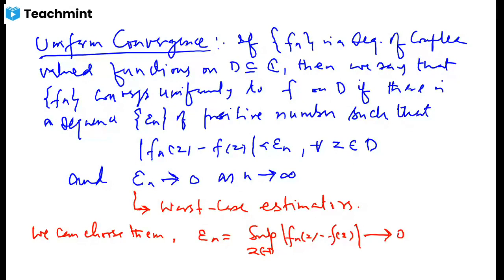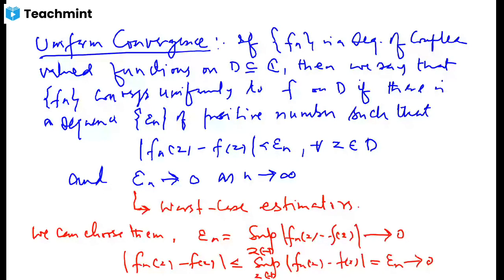It's not difficult, because you always have the estimate that |f_n(z) minus f(z)| is less than its supremum over z, which you denote by epsilon n, and it goes to 0. So this is sometimes a good way to check.